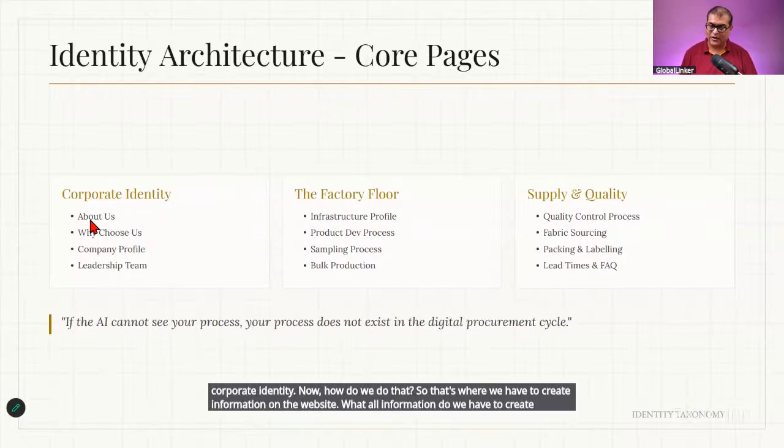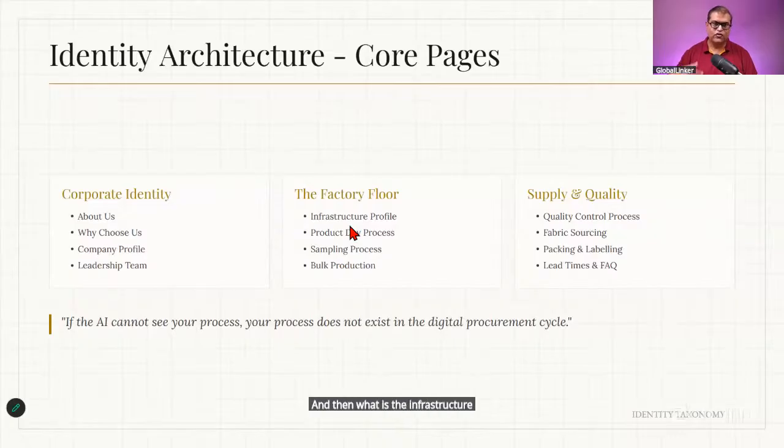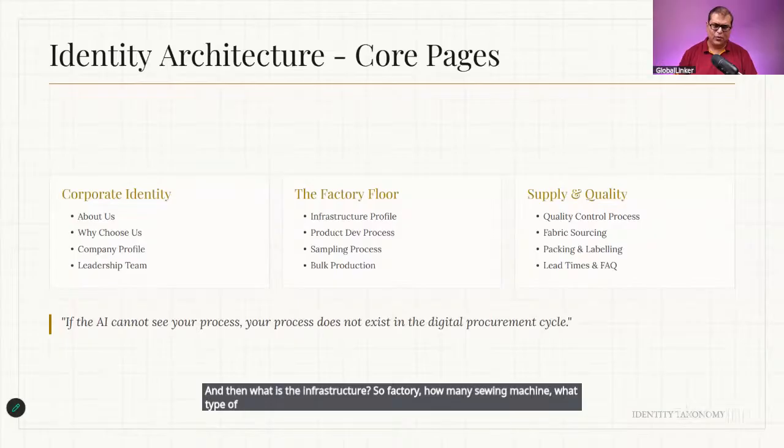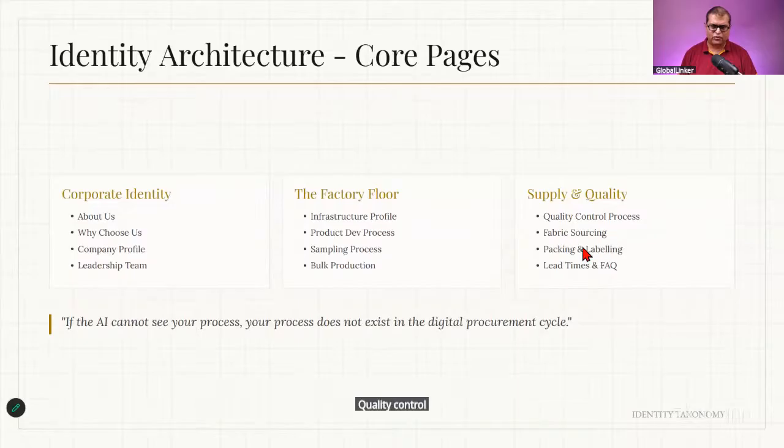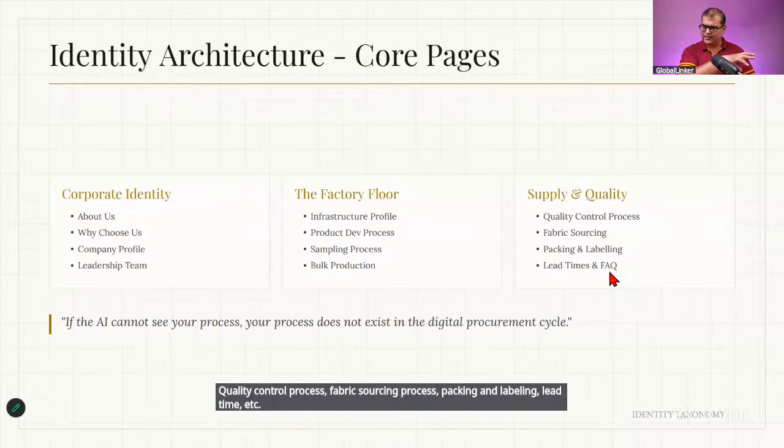What all information do we have to create? For example, about us, why choose us, company profile, leadership team, and then what is the infrastructure? The factory, how many sewing machines, what type of cutters and whatnot. Then the production and development process, because it is needed in the garment industry: sampling process, bulk production, quality control process, fabric sourcing process, packing and labeling, lead time, etc. Now these are something which I have put together for Arvind's business.